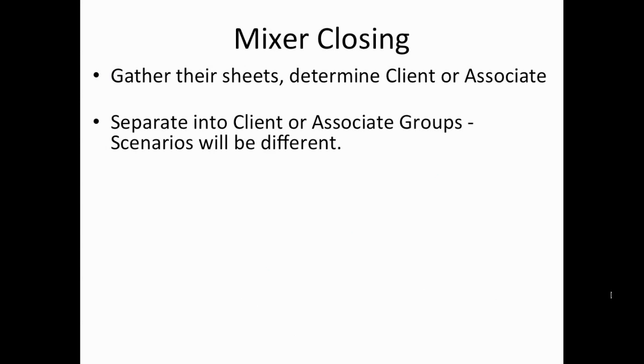You're going to have a client group and an associate group. The scenarios will be different at each mixer because you're going to have maybe 2 clients and 1 associate, or 2 associates and 1 client. And you're going to have people actually moving from one group to another. So you just need to use your intuition.